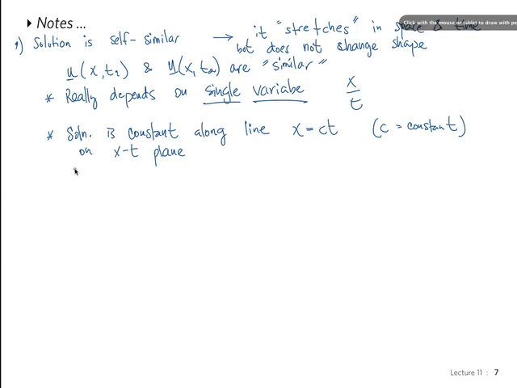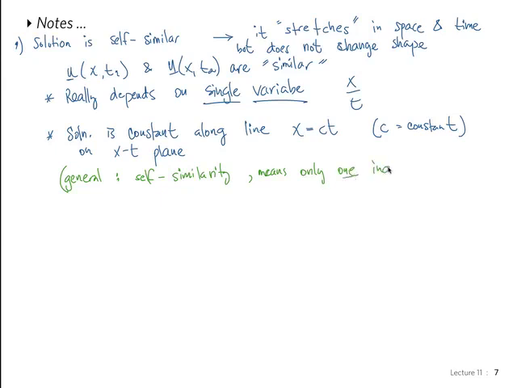But in general, self-similarity has this feature that we have only one independent variable, which in this case is x over t, but it could be x over square root of t, or it could be t over square root of x.